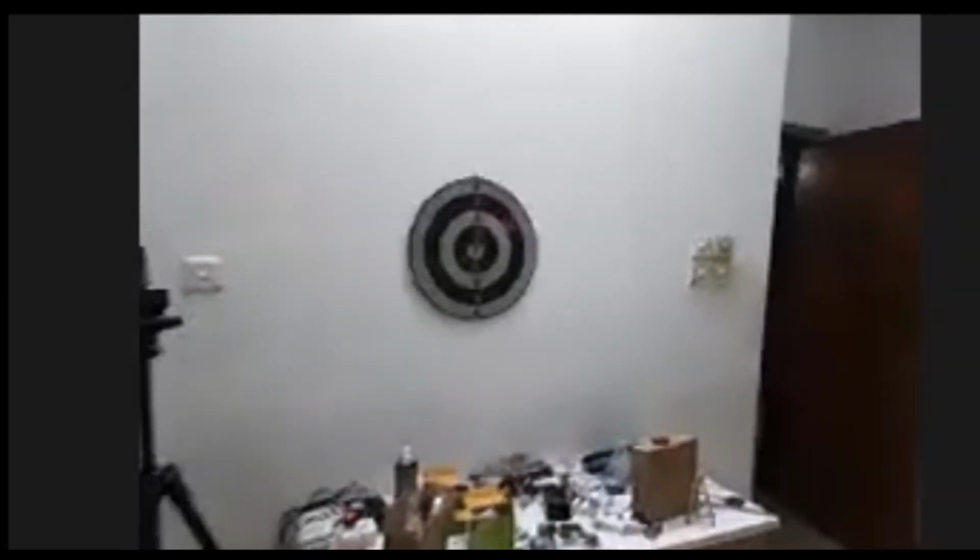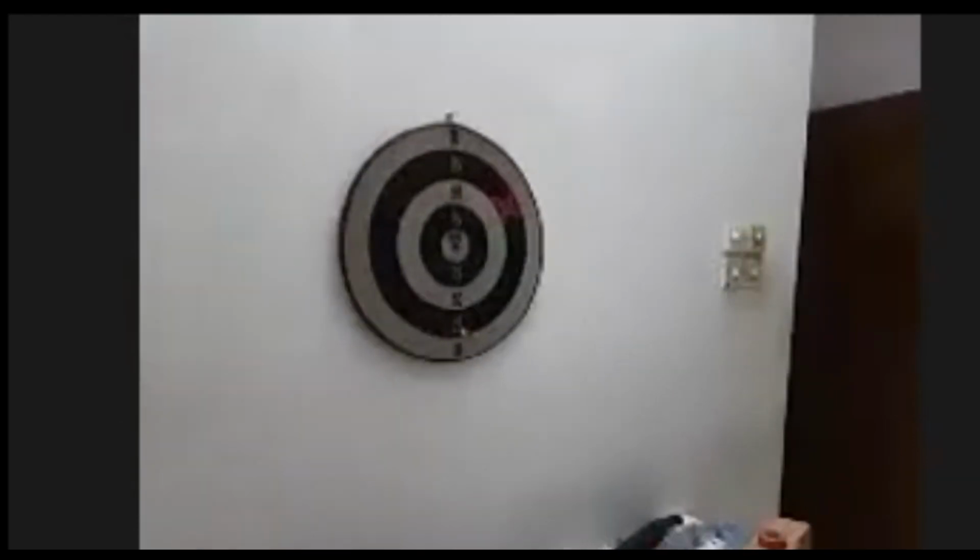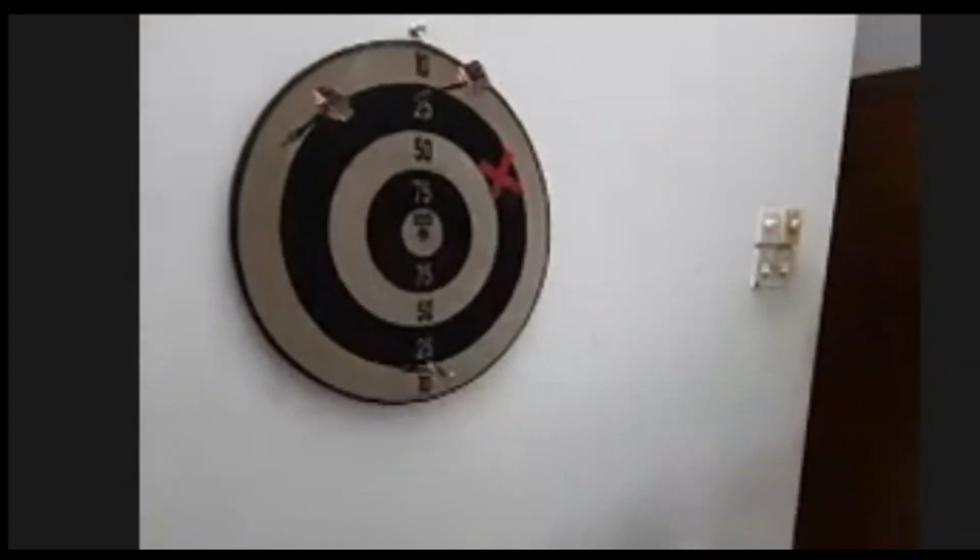I know it's a very hard thing to unlearn, but try to just throw straight and let's see what happens. Okay, throw completely straight. Okay, again completely straight. So yeah, this is the dart, completely aligned with the bullseye. Yes, and I'm going to try throwing it completely straight.